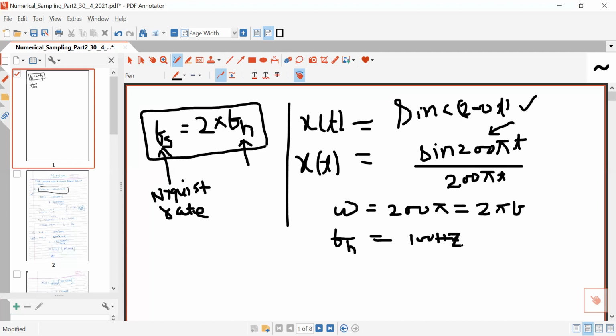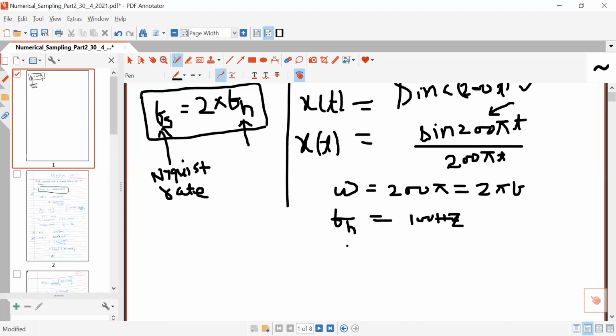So the highest frequency component present is 100 Hertz. According to the sampling theorem, the minimum sampling frequency or Nyquist rate for this signal will be twice this, so the Nyquist rate will be twice 100 Hertz. It is 200 Hertz. So this will be the answer.